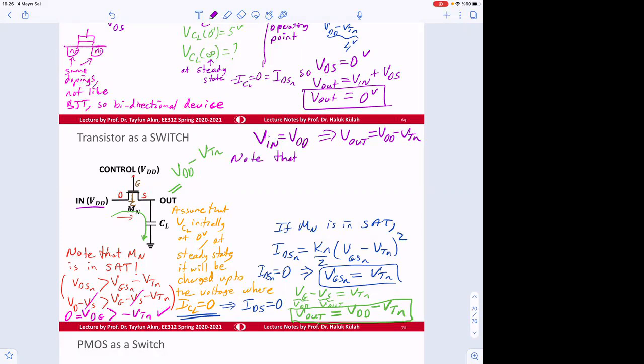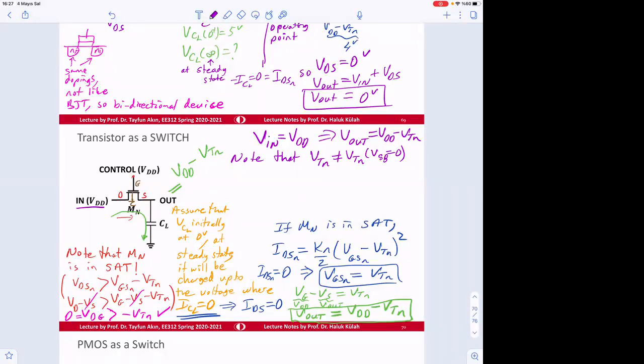Note that Vtn is not equal to Vtn where V gate to V source to bulk is equal to 0.